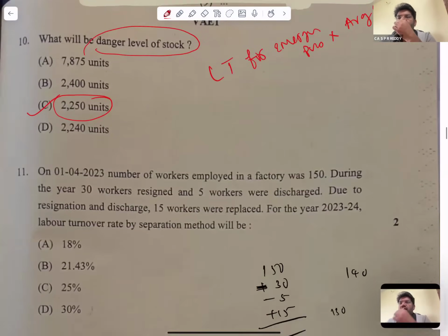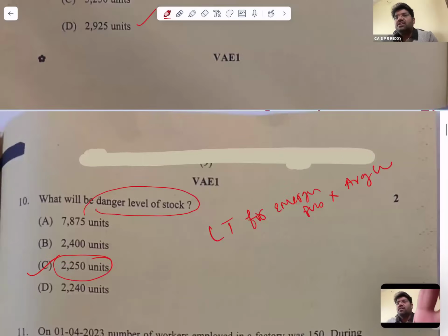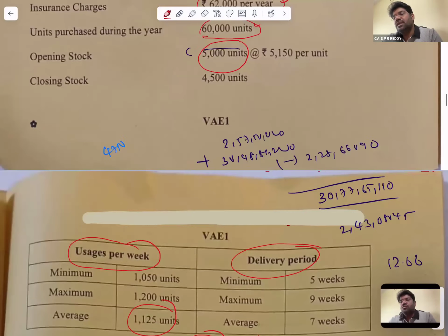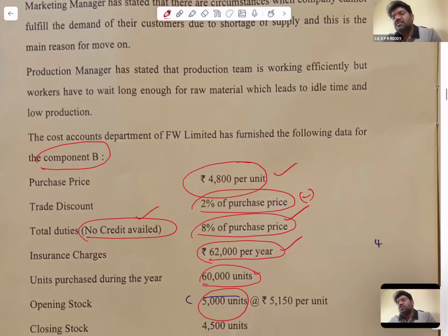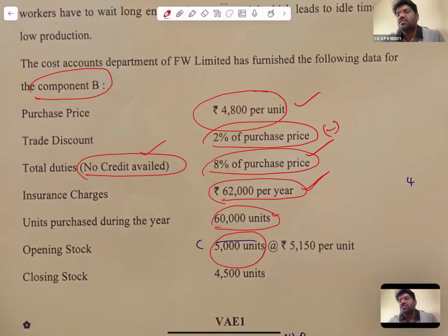So that was relating to the material chapter. Always in the classroom, I strongly and repeatedly tell you that you need to go concept-wise. Now you might have understood this question. You can answer only if you know how to do valuation of material receipts. Some of the students might include even insurance charges also.